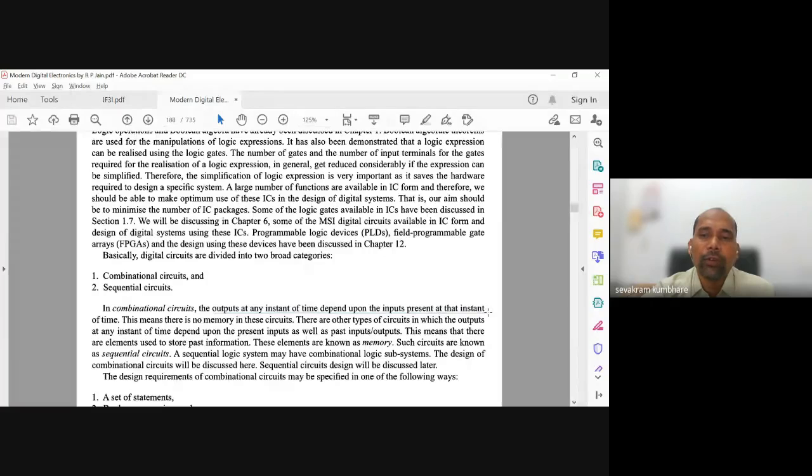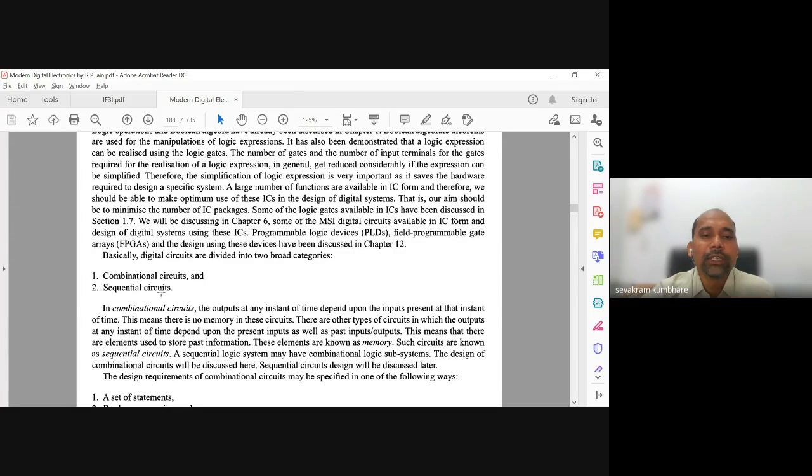Means if I want output right now, it will depend on the input which is applied right now. It does not depend on the previous inputs or previous outputs. So combinational circuit output depends on the present input, whatever input is applied right now.